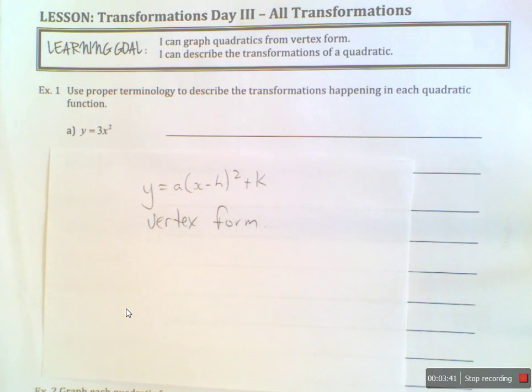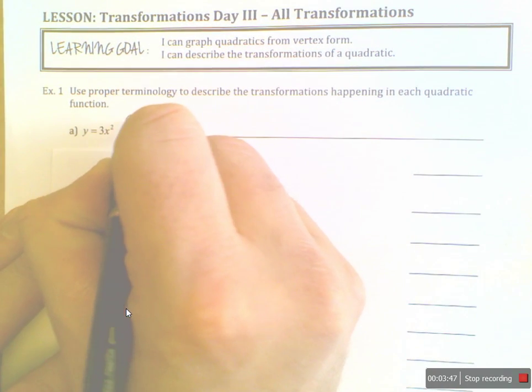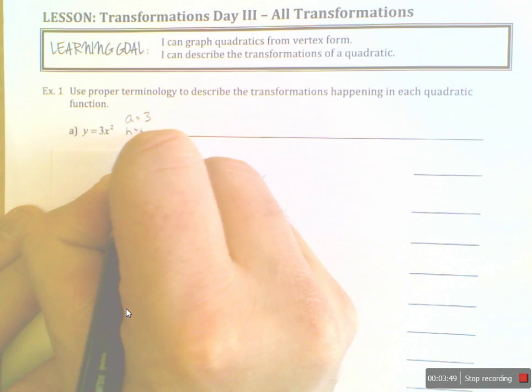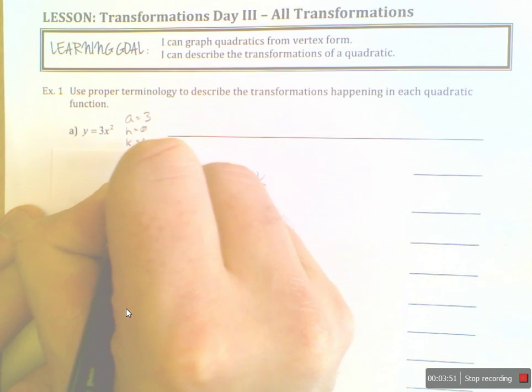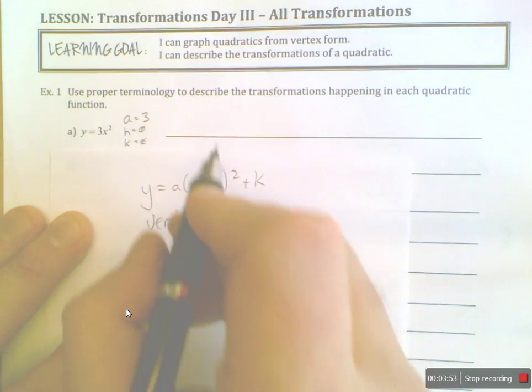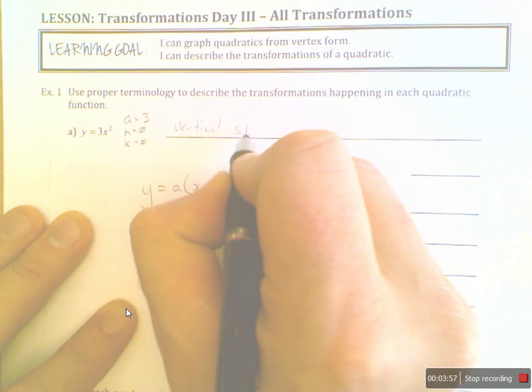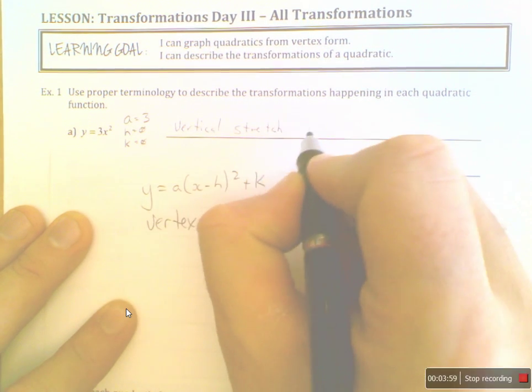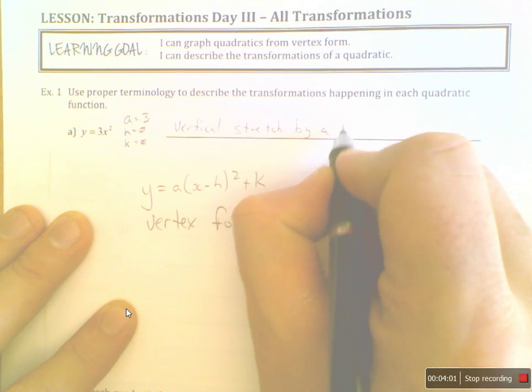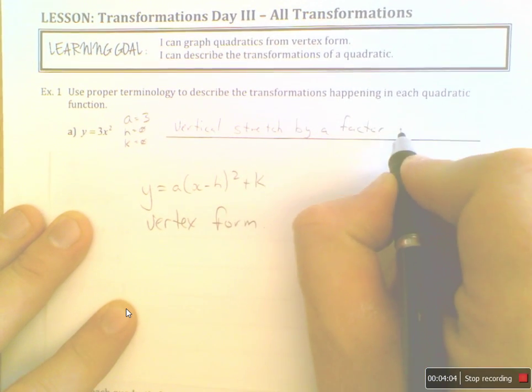Liam? Yeah, nice. a equals 3. There's no h and there's no k. So we call this a vertical stretch by a factor of 3.